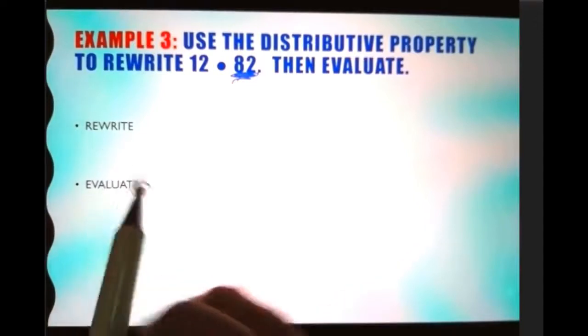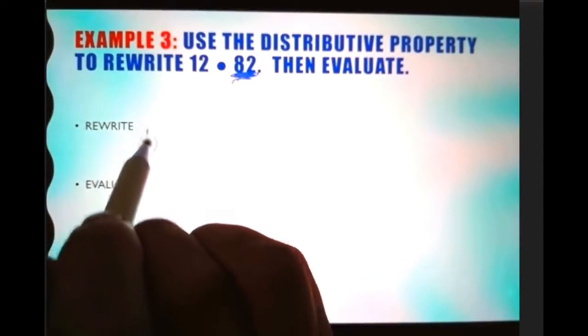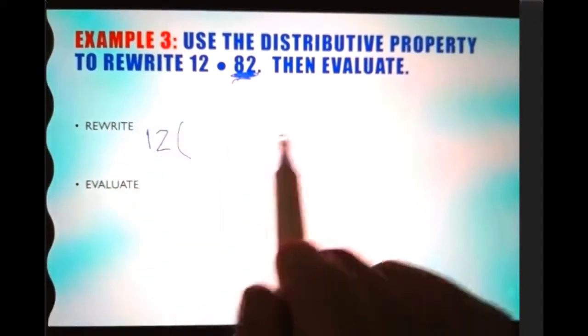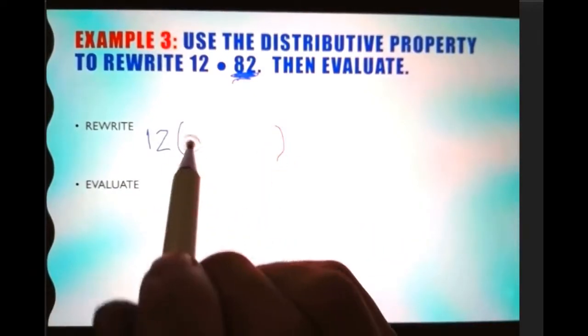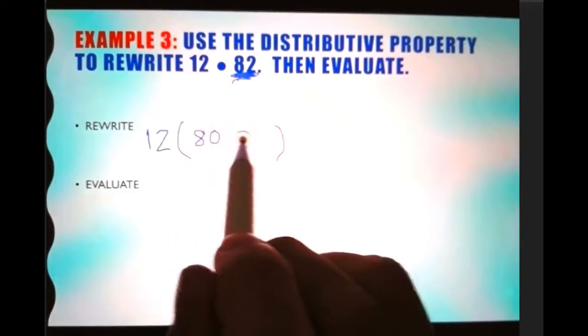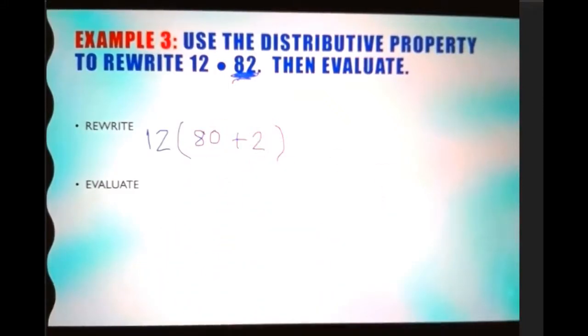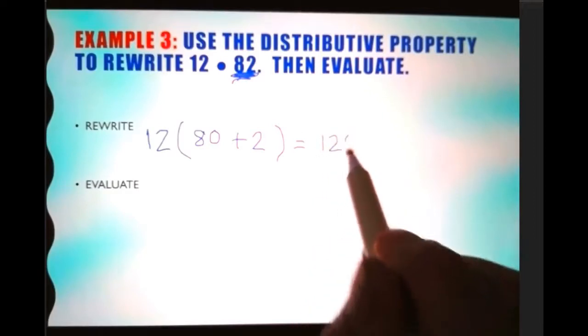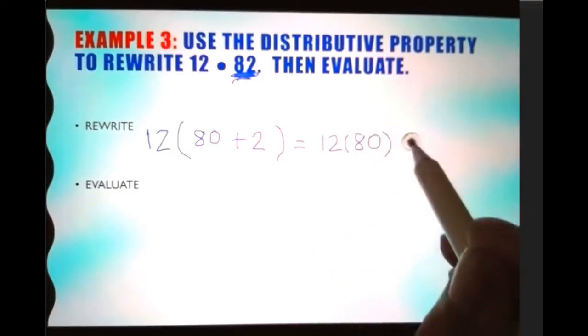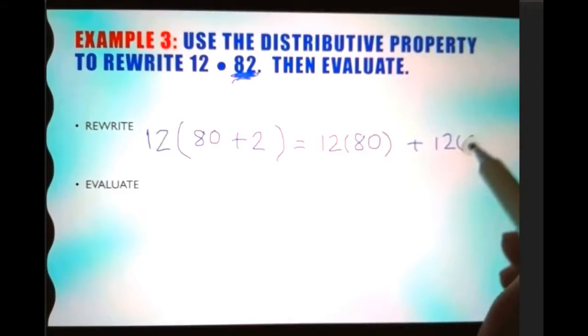So assuming no calculator, you're going to rewrite this to be 12 on the outside. And then instead of 82, I would make it 80 plus 2, so that you're multiplying 12 times 80 and 12 times 2.